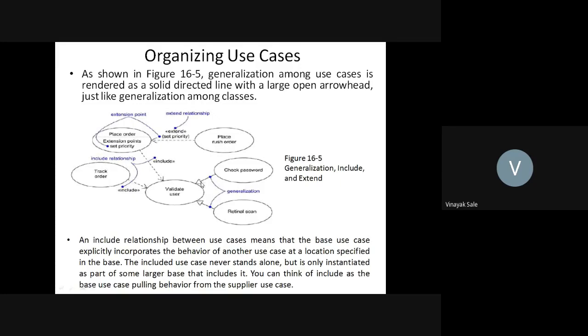This open arrowhead is generalization. Solid lines indicate generalization, whereas these are the include and extend relationships, and these are the extension points.